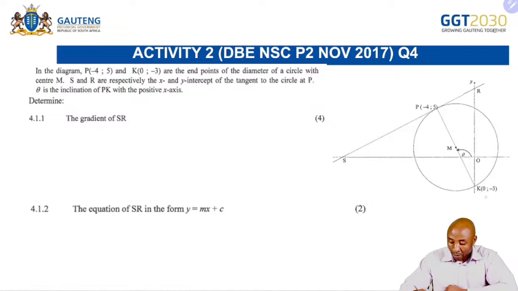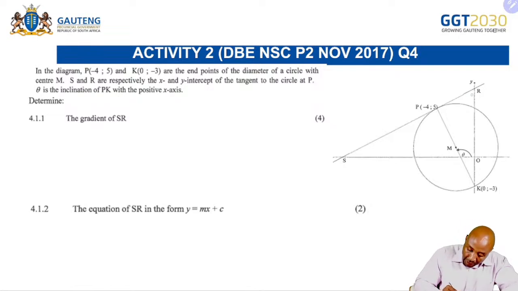So, on the diagram, we have information about the gradient of a diameter. And once we get that gradient, we are able to get the gradient of SR, which is our tangent. And we have one point P, which lies on SR, meaning we are able to get the equation once we get the gradient. So to answer this one, we will start by calculating the gradient of PK.